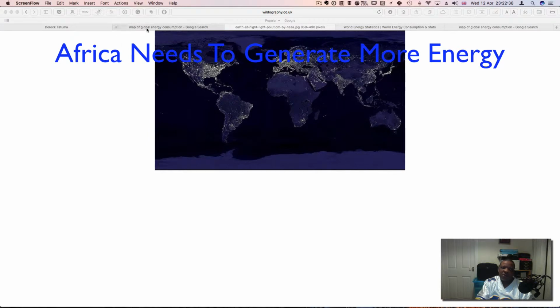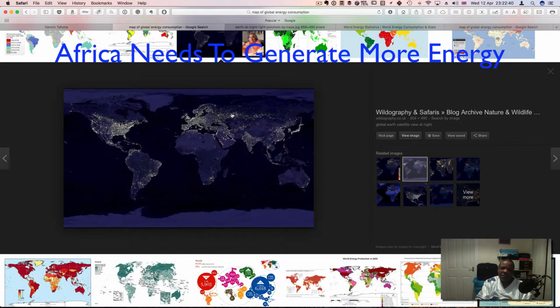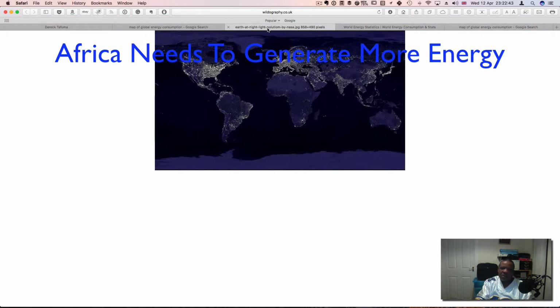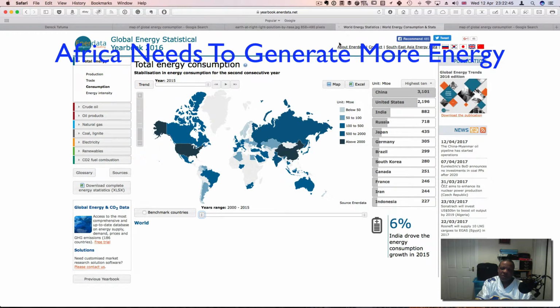Right, which brings me to this website, which I've looked at, the Global Energy Statistical Yearbook for 2016. It shows that, for example, here, the United States in 2015 used 2,196 metric tons.